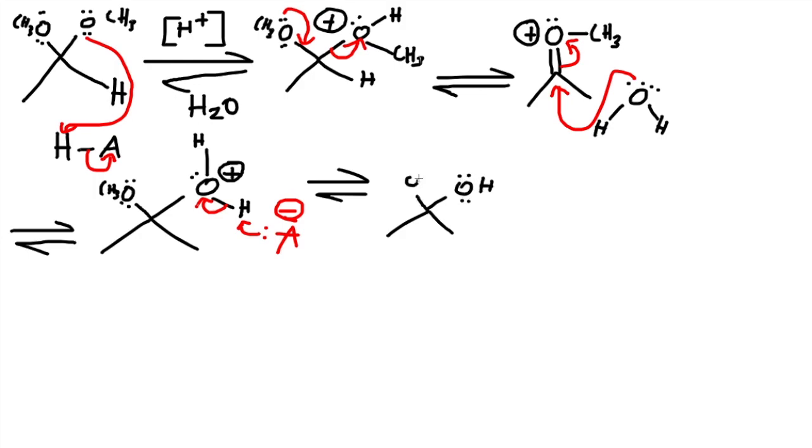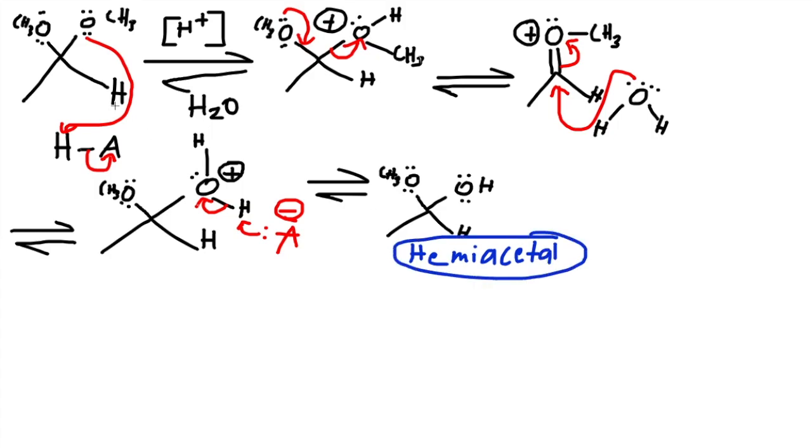In this case, we would form the OH and the OCH3. We see this is a hemiacetal. Don't forget the hydrogens. We begin with an acetal because we're going backwards, and now we're with a hemiacetal, so we're halfway there. We want to get to an aldehyde.